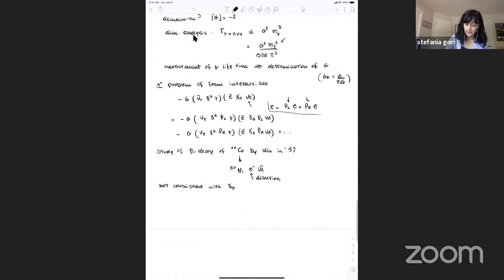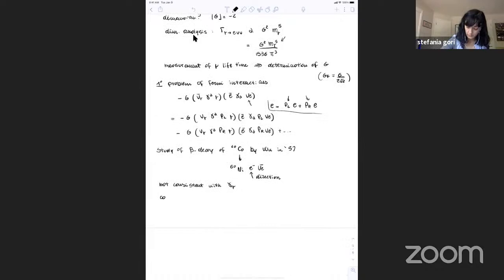So the conclusion of all these measurements was that only right-handed antineutrinos and left-handed electrons were participating to the process.